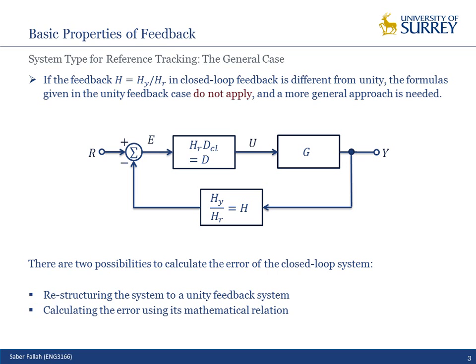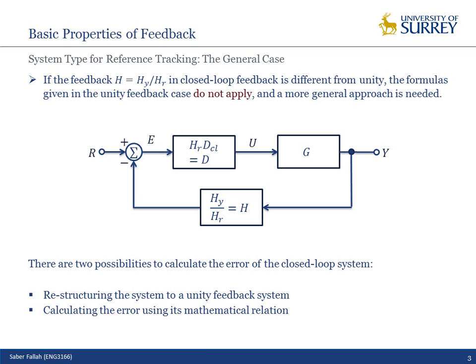Let's talk first about how to reshape this feedback system as a unity feedback system. Do you have any idea how we can do that? How can we restructure this closed loop block diagram as a unity feedback closed loop system?